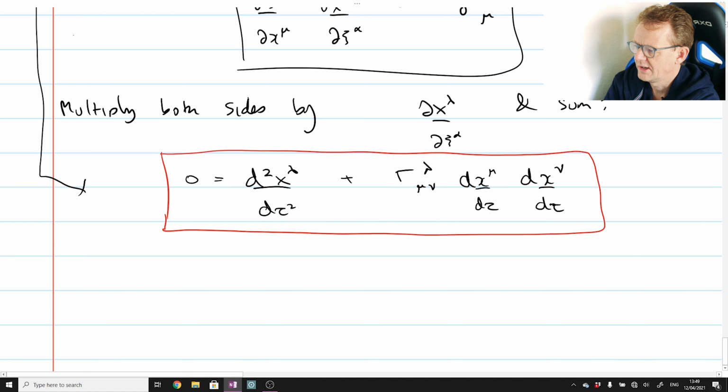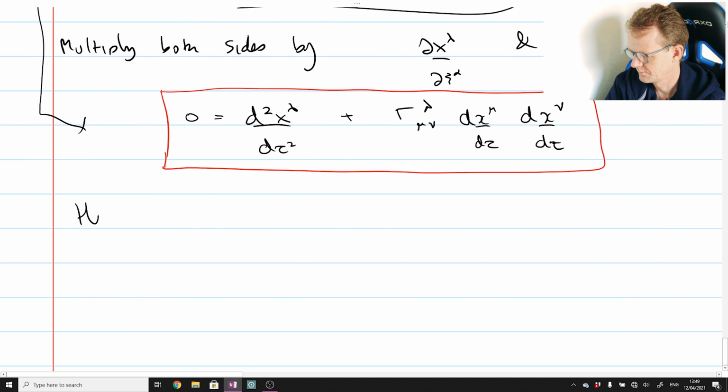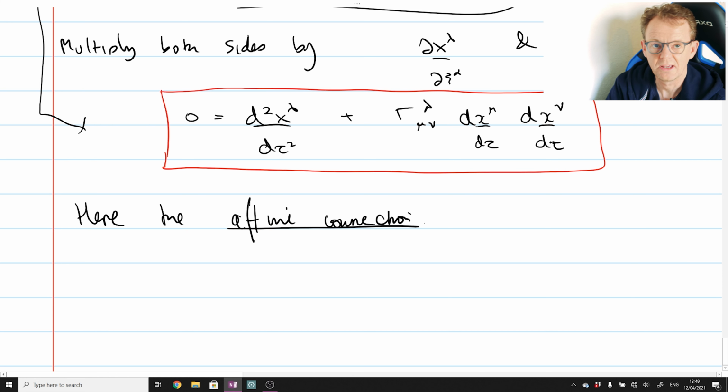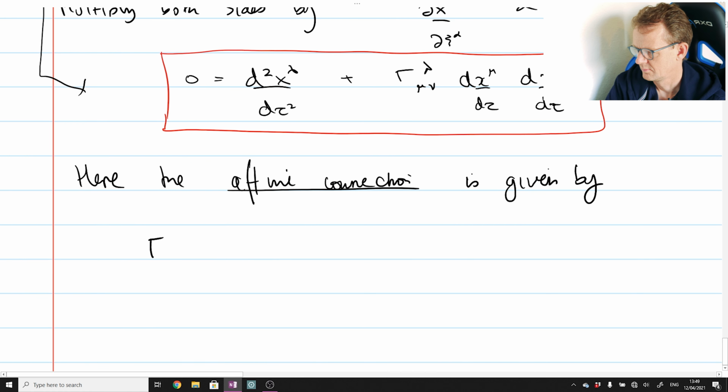And we've introduced some notation, gamma for the so-called affine connection. I've missed one line, so it's an exercise for you to fill in that line.